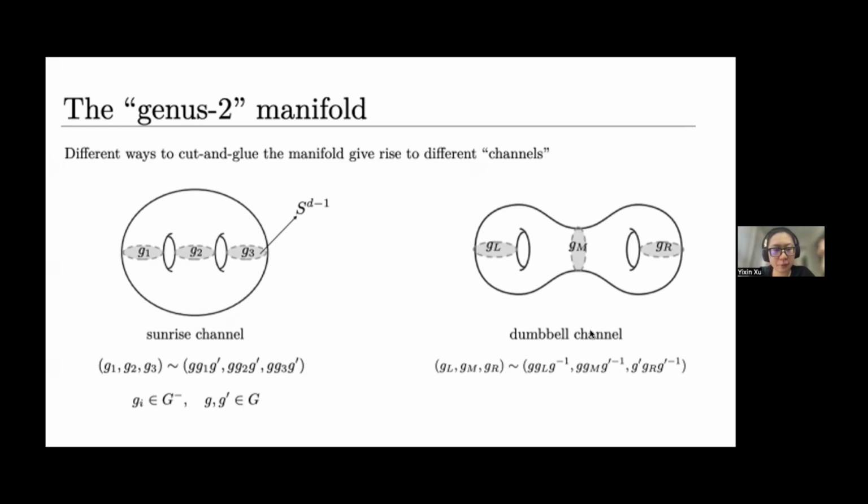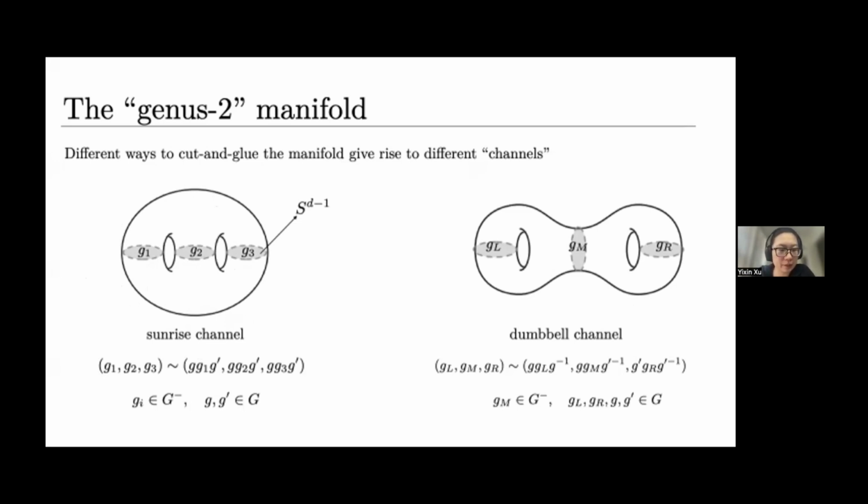So we call this construction the dumbbell channel decomposition. By the way, I should clarify that the picture on the slide looks like two-dimensional manifolds, but really you should think of them as living in D dimensions. In particular, the gray disks in each picture represent an S^(D-1) rather than a D2.